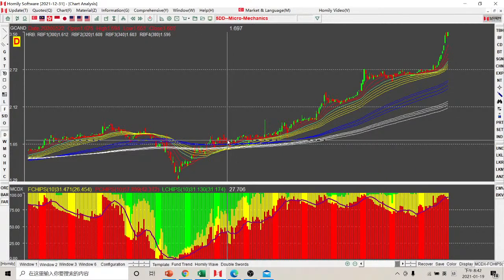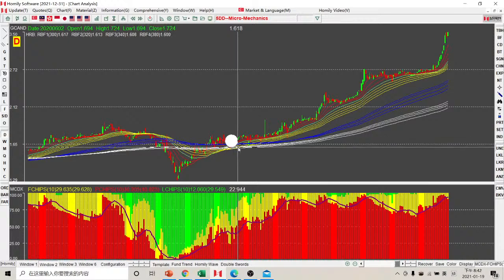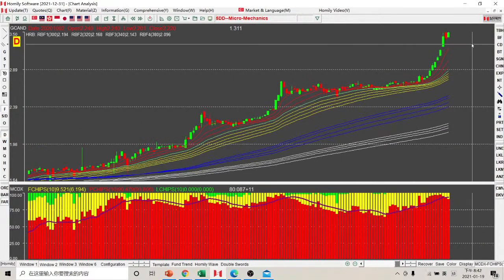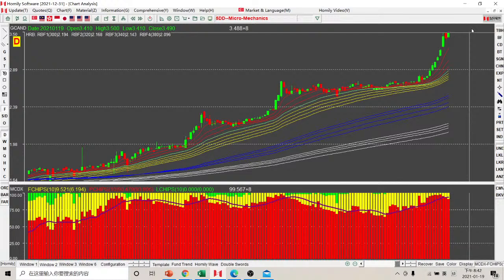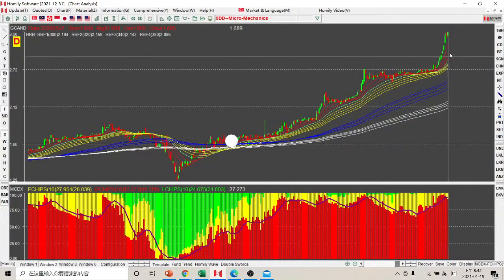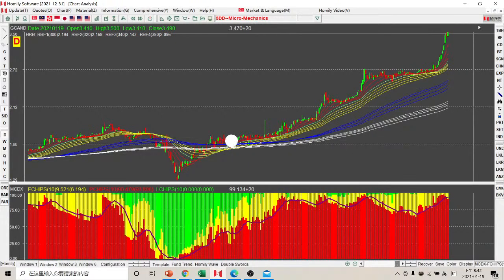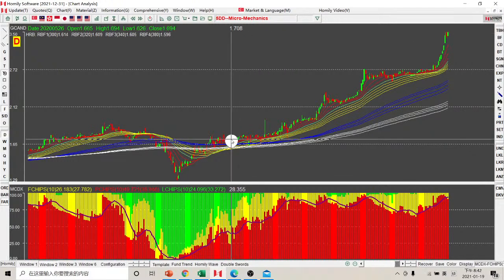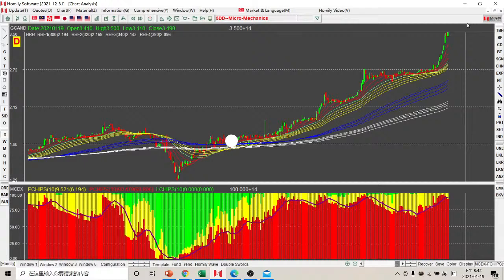So you see today, this share, this is a micro mechanic. We have no need to worry about selling, we can still hold. It was $1.60, and now it's $3.50, nearly 100%, right? 1.6 to 3.5, more than 100%. And from only June till now, half a year, already 100%.